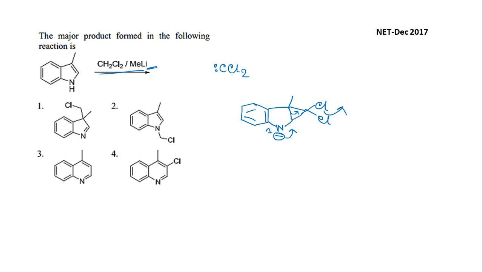So I am numbering here 1, 2, 3, 4. So after removal of one chlorine, there will be formation of a 6-member ring, where at 1 and 2 position there is a double bond, at 3 position there is a chlorine, the 2-4 bond is broken, and at 3-4 position there is a double bond. So this should be the final structure, right?